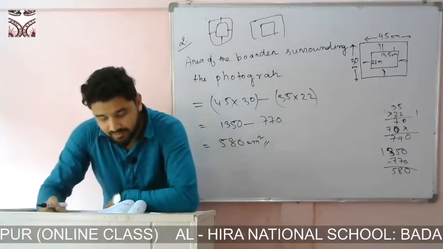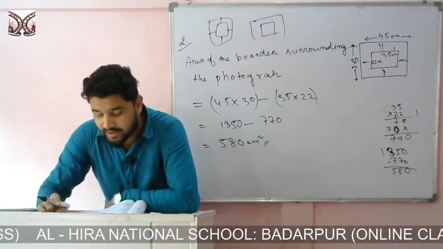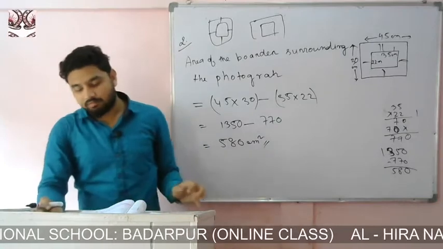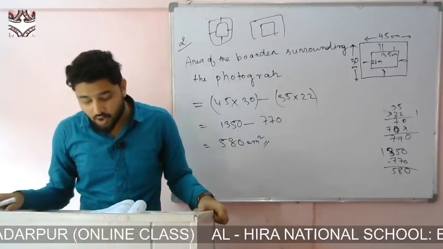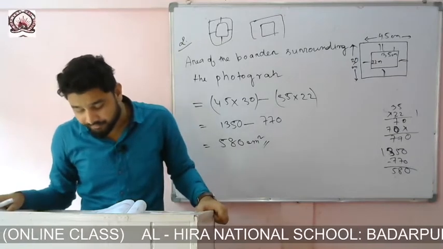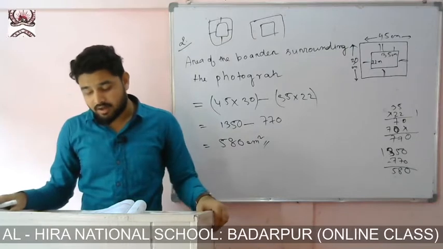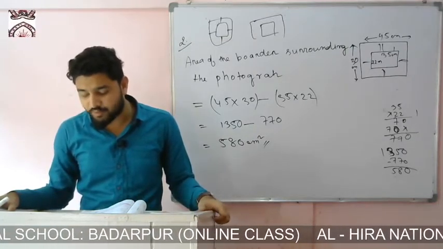So a veranda of 1.5 meter wide is constructed all around the outside of a room. Room of 5.5 meter long and 4 meter wide. That means the length of the room is 5.5 meter and breadth is 4 meter.